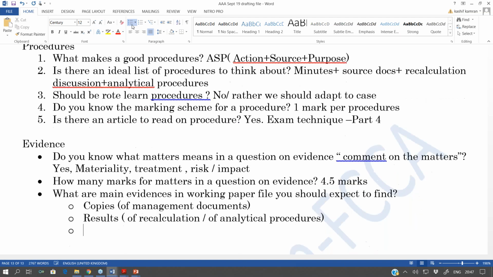And then we got notes, right? Notes of discussions. And something in the evidence can be in the original form, like a representation letter, where we are not saying copy, notes, or results, we're simply saying representation letter.